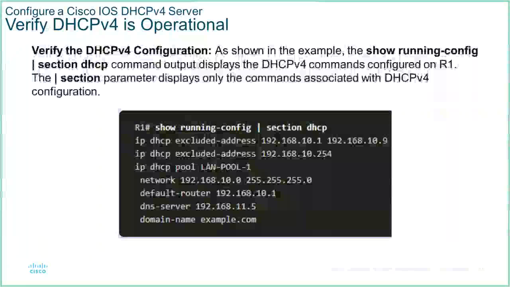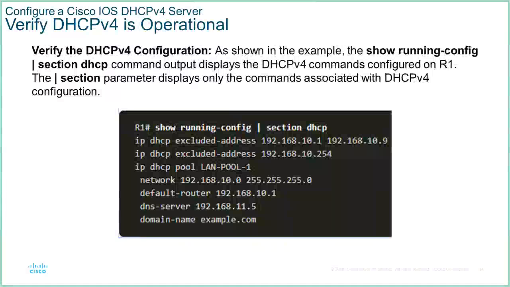So let's have a look at the output of these commands. This is where we use the pipe symbol and use the section option to restrict the running config to display us a cut down version of the running config command. It's good practice to use these types of commands.